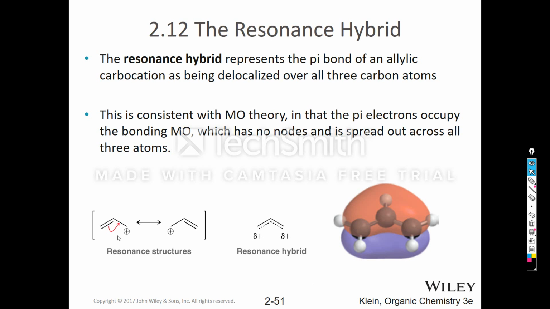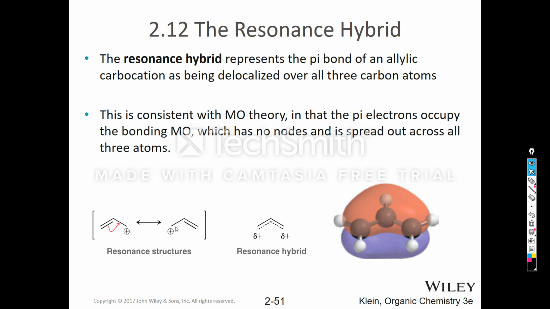So if you look at this form of the allylic carbocation, the positive charge is on this carbon, and the other structure you write will have positive charge on this carbon. So if you squish these two together, you will now see that the terminal carbons are the ones that have the positive charge, and the middle one will never get a positive charge because it has electrons around it at all times.